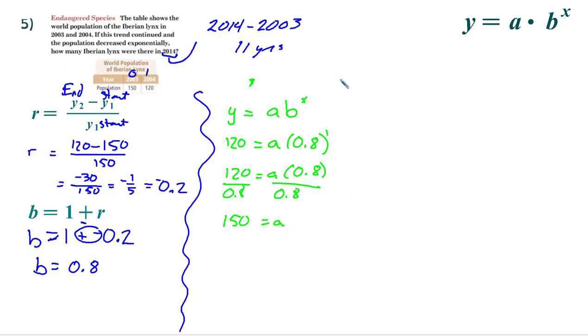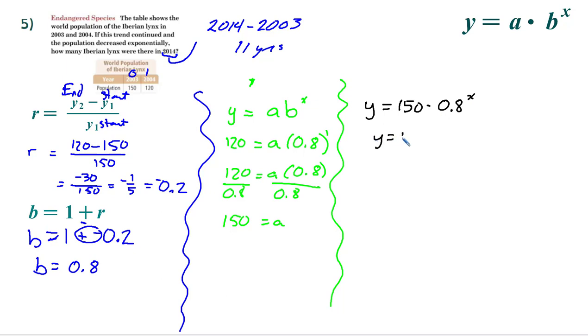Now, let's go ahead and see if we can figure out this problem. What this problem is directly asking us is what's happening in 2014. So y equals, and we said a was 150, times b, which we said was 8/10, to the x.